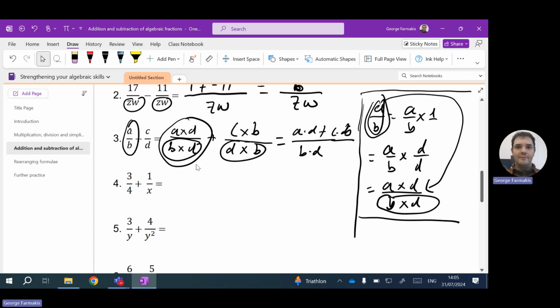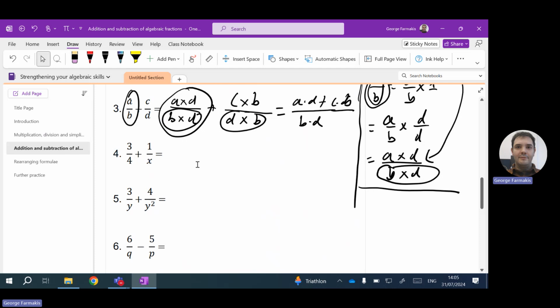Let's do the same for example 4. So we have 3 over 4 plus 1 over x. Here we have different denominators, so we want to convert each fraction into a form where we have the same denominator. What we can do is multiply the numerator of the first fraction with the denominator of the second fraction, and we do the same for the denominator.